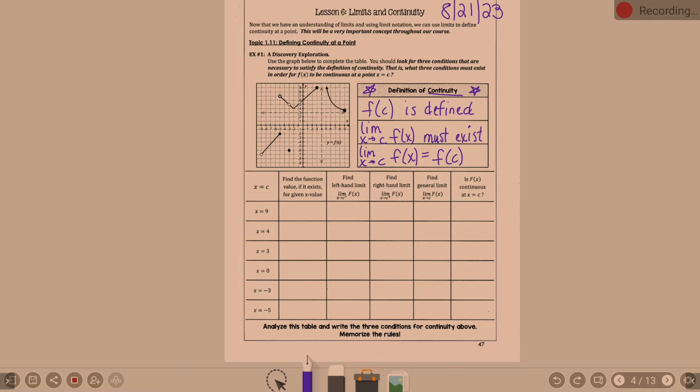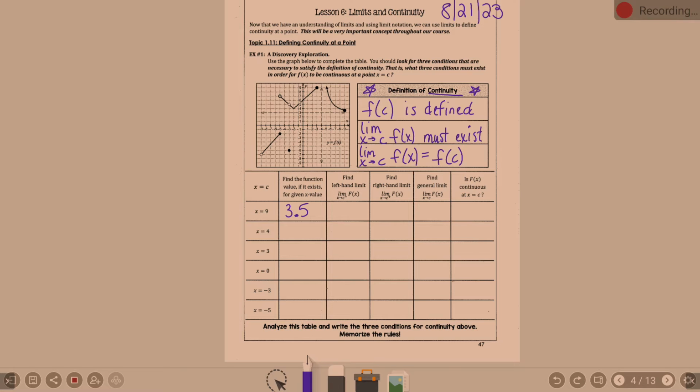When x equals 9, what is the function value? 3.5-ish. I have 3.5 written down. We could say 3.5-ish, but we're going to just assume 3.5. Find the left-hand limit.